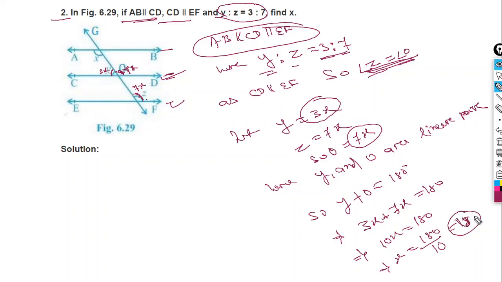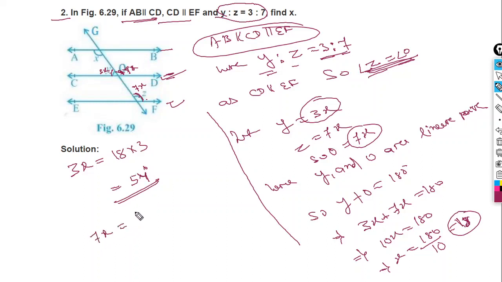Now as x equal to 18, we have to find the value of 3x. So 3x equal to 18 into 3 equal to 54 degree. Now 3x equal to 54. Similarly, we have to find 7x.